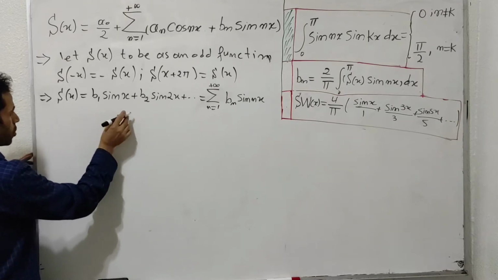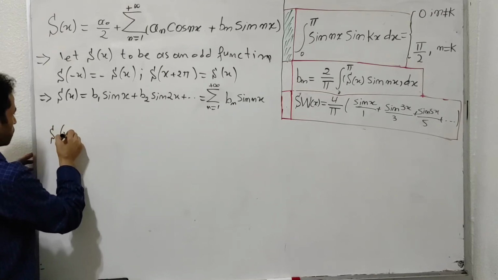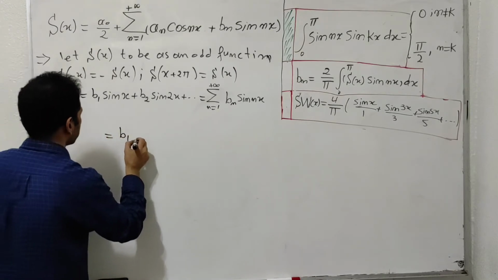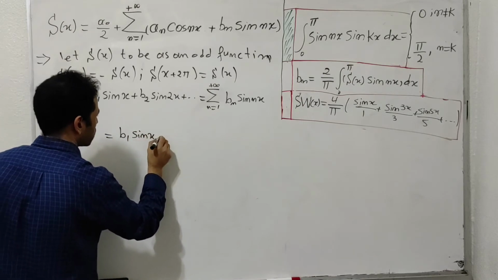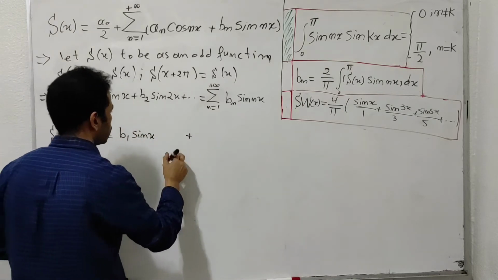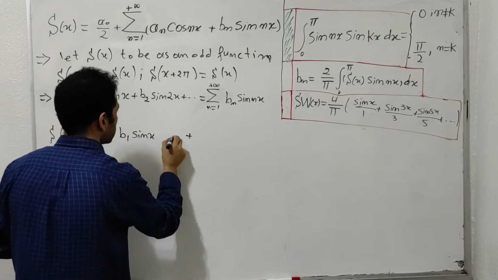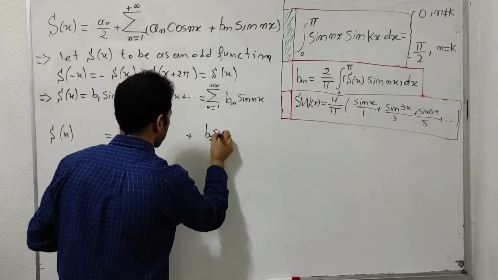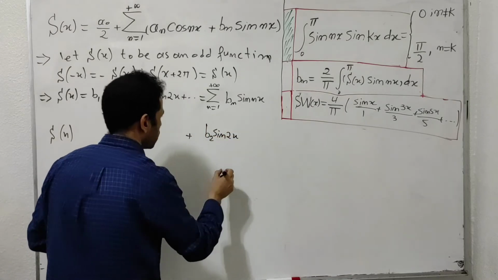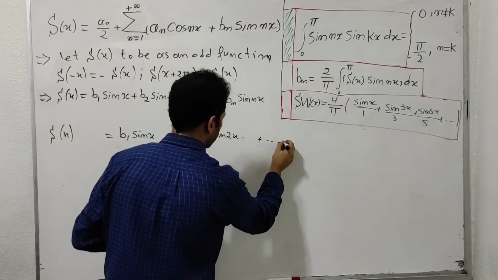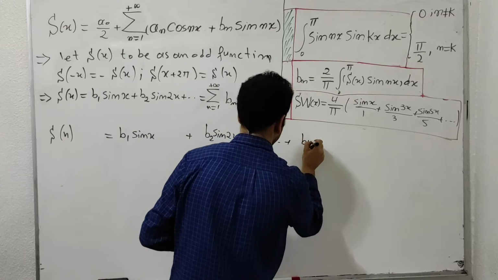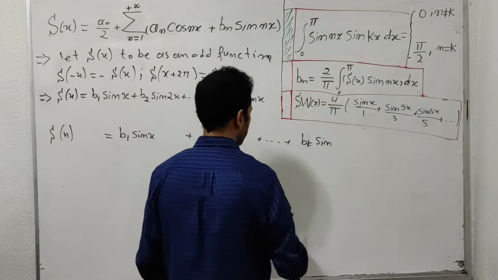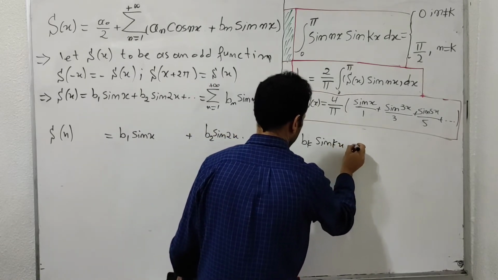So by rewriting this one, I will have s of x, then b sub 1 multiplied by sine x, plus b sub 2 multiplied by sine 2x, and all the way down to b sub k multiplied by sine kx, and all the way down.